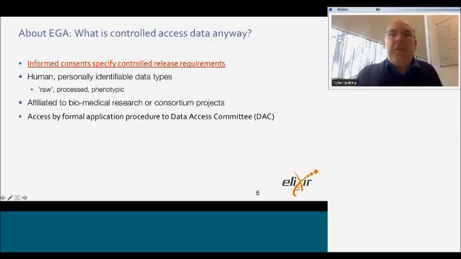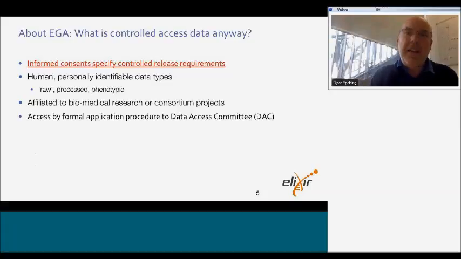So what is controlled access data? This is where informed consent has been signed by a patient or individual, specifying the controlled release requirements for their own particular data. So all this data is obviously human, and for EGA, it has to be personally identifiable data types.